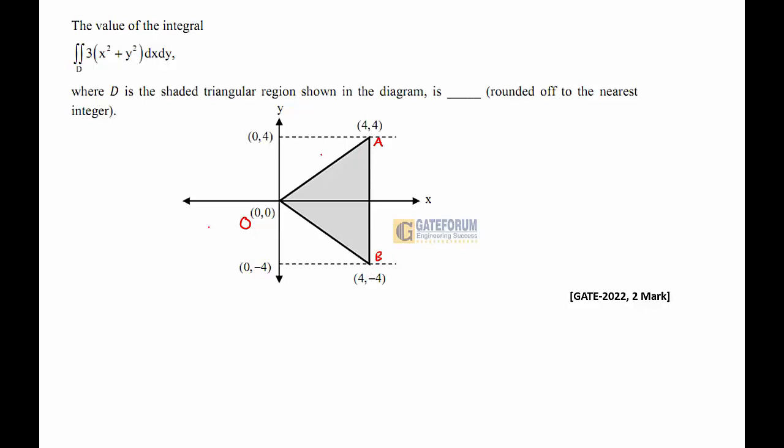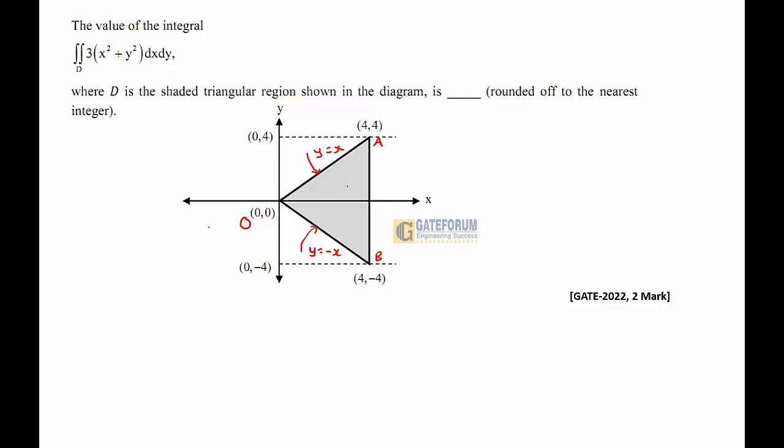So equation OA: y is equal to x, a straight line joining 0, 0 and 4, 4, in each point x equal to y. And y is equal to minus x, this straight line joining O and B. To evaluate this double integral, we have to consider either a vertical strip or a horizontal strip for finding the limits of x and y.